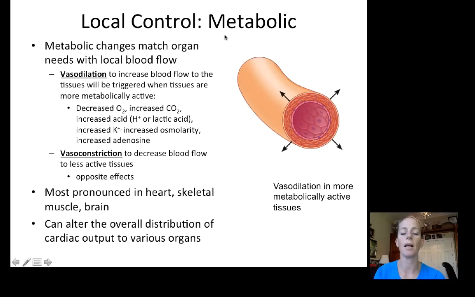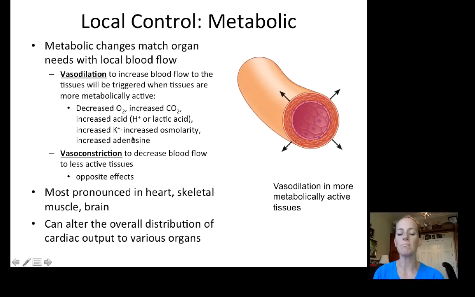So first, there are metabolic changes. You can have metabolic changes where a tissue is very active. So near this arteriole, if the tissue is extremely active, then you will have low oxygen, increased carbon dioxide, increased acid or lactic acid, increased potassium, increased osmolarity, and increased adenosine from the use of ATP.